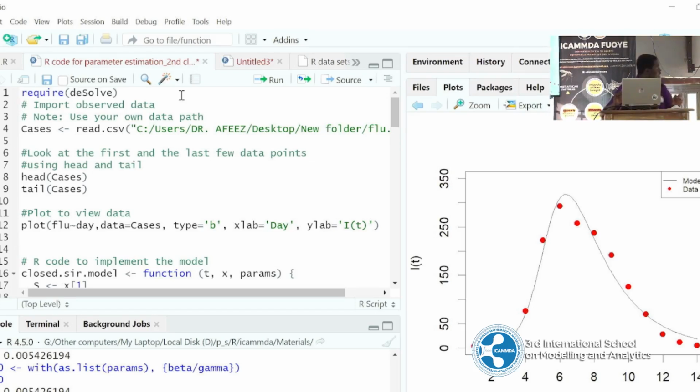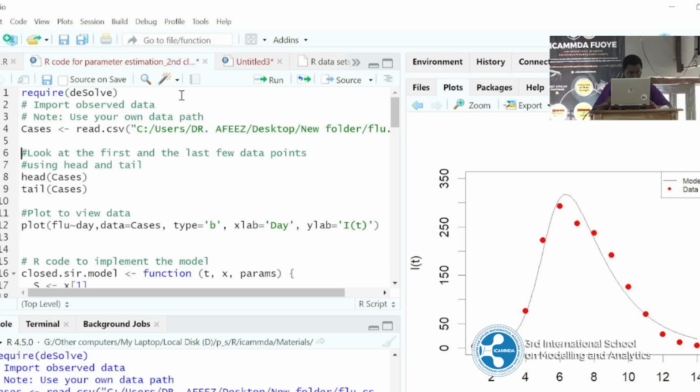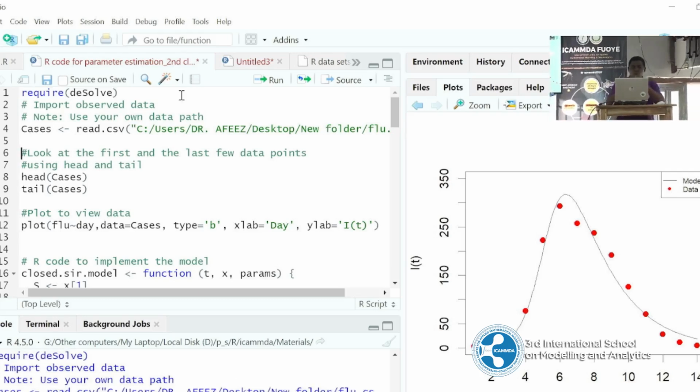Is it still a no answer? Okay. All right. So read the data in. The head and tail is just to take a look at the first 6 rows and the last 6 rows, so you can check that to see the data.